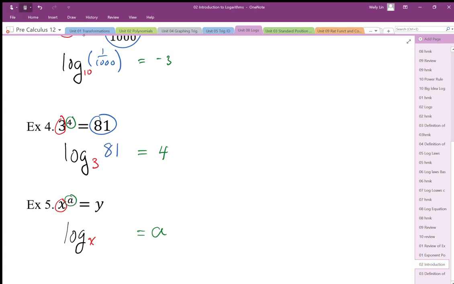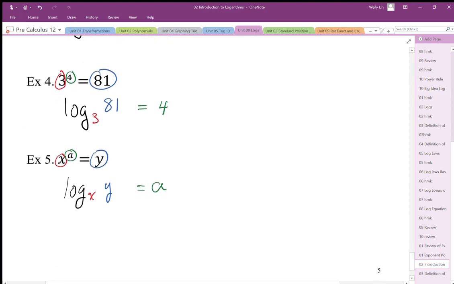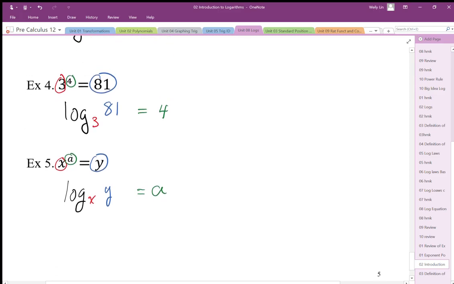And we're inputting the output of the exponent. That's called the argument. So this is the main idea right now. We've actually already been doing logs. We just want to now formally do it, so we have to be able to express an exponential expression as a log expression. That's what we want to focus on right now.